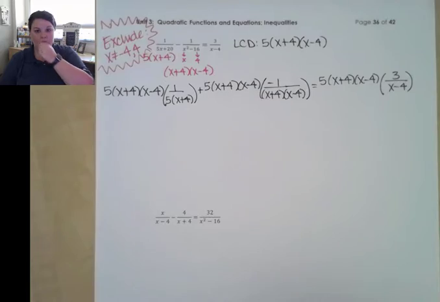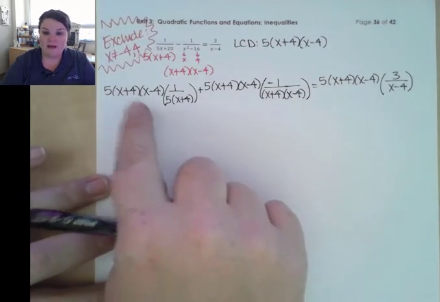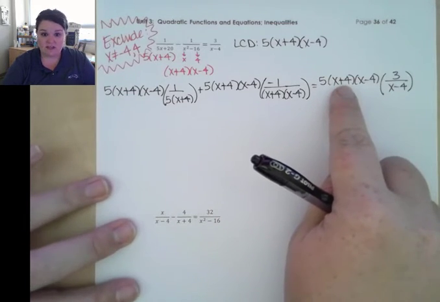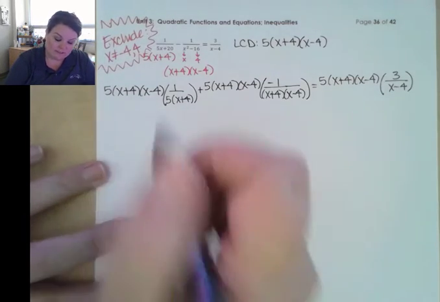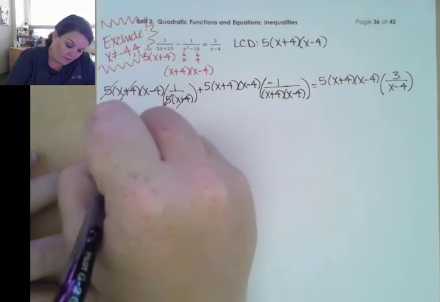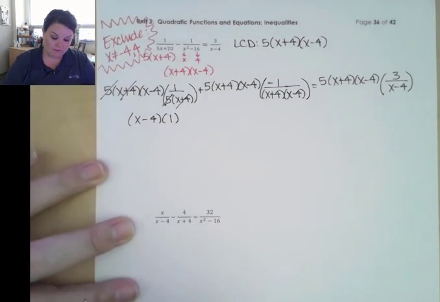Okay, so the reason I'm taking this least common denominator and multiplying it by every single term is to get rid of our fractions. So on the first term, you can see my 5 and my x plus 4s will cancel, and I'm left with the x minus 4 times the 1 I have on top.